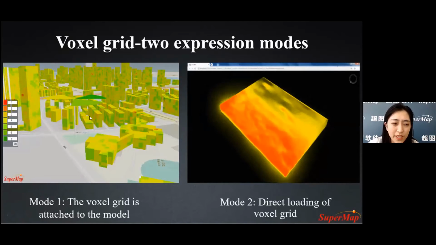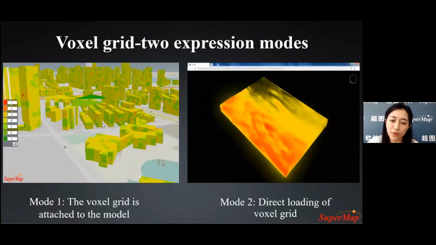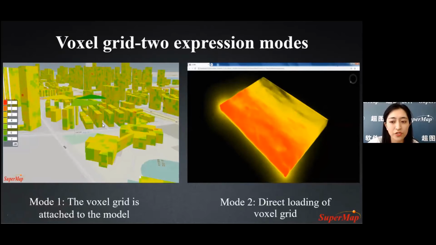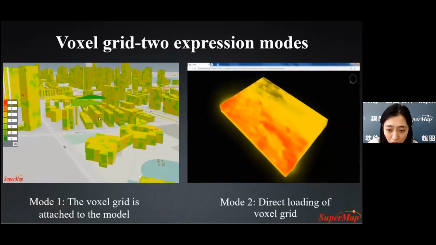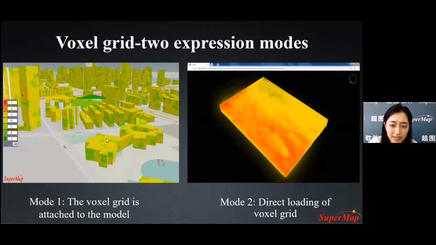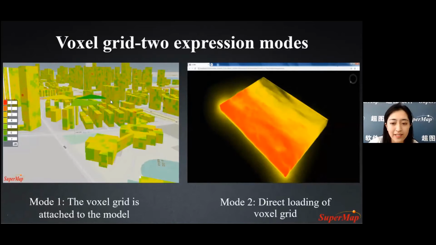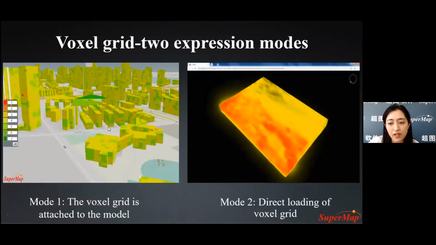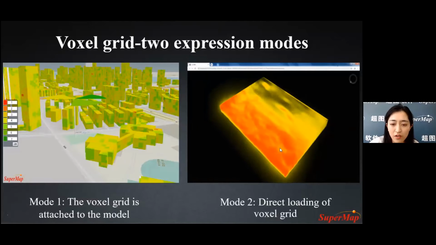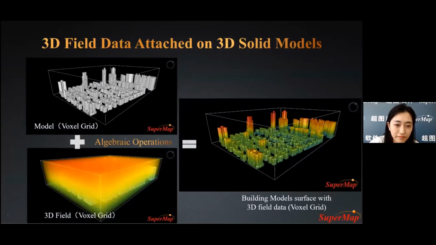As shown in the picture on the left, the voxel grid can be used to express the coverage strength of the signal on the building, so as to simulate the optimization scene of the communication network and provide a reference for it. And the other is to load the voxel grid directly. Let's take a look at it.